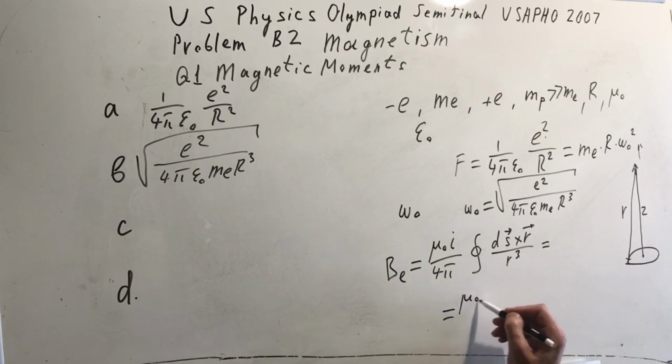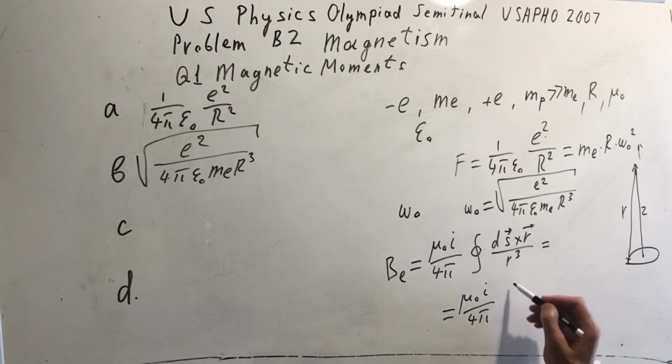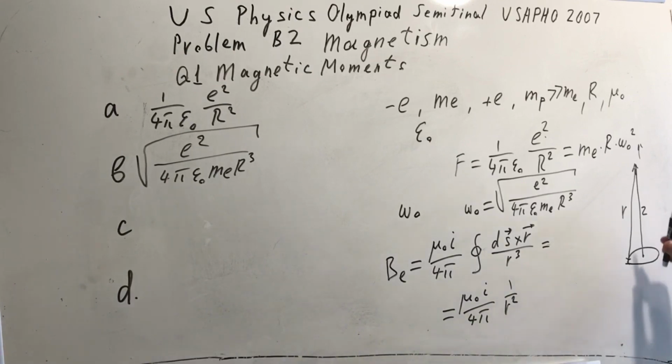So instead of this integral, we can write this expression mu0 I over 4 pi. Here we can take 1 over r square out, and what is left is the direction in z.